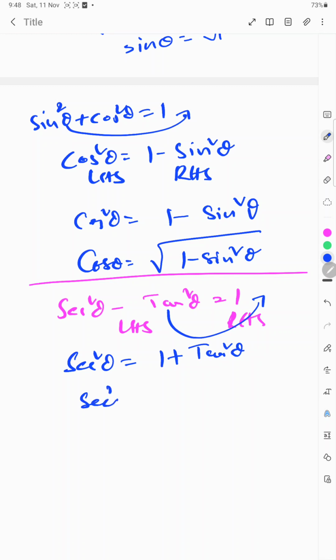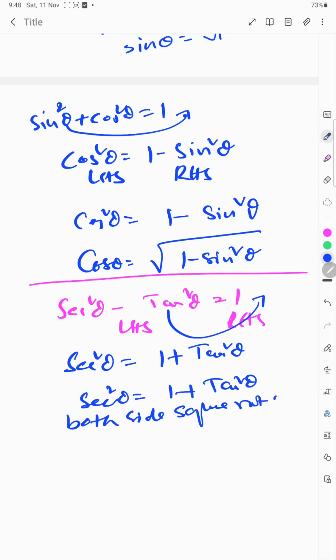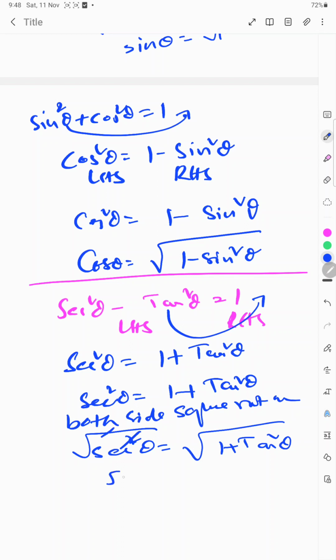Apply square root on both sides: square root of secant square theta equals square root of 1 plus tan square theta. So the square and root cancel, secant theta is equal to root over 1 plus tan square theta.